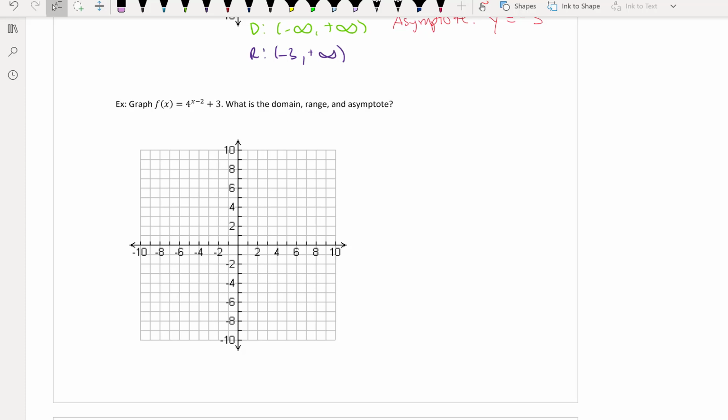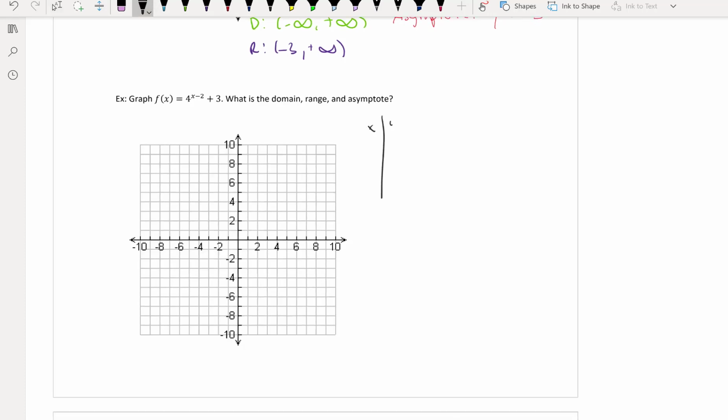When I graph it, I have my visual, and I can see what's happening, and I can also do my table to see all of the values that I'm going to get.